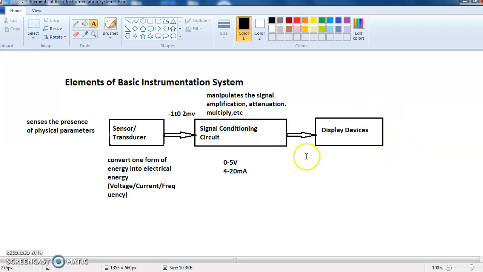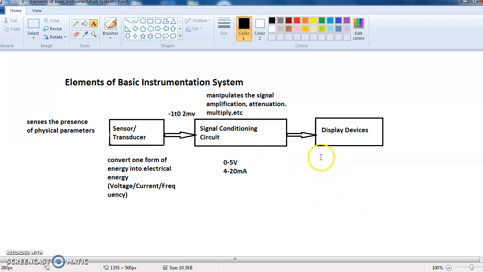After having enough strength of output signal, I need a display device to show what is happening, whether there is the presence of any substance or not. I need a display device. These display devices can be a monitor of the computer. It can be a 7-segment display.